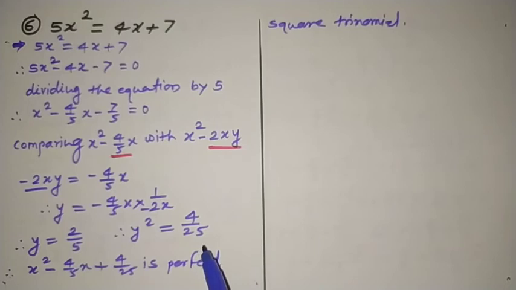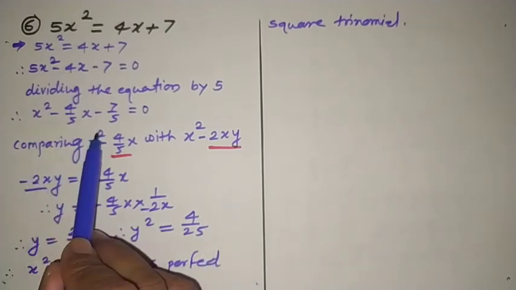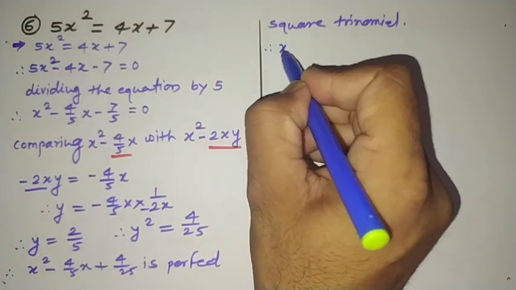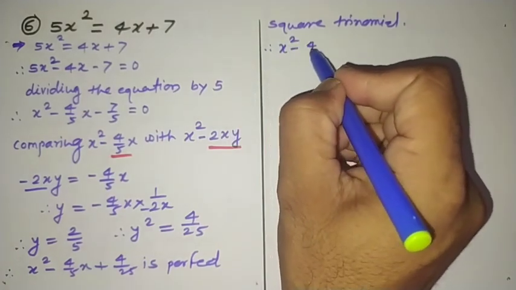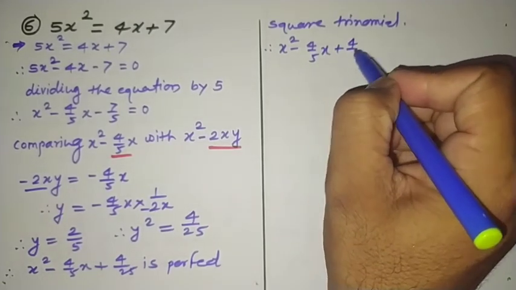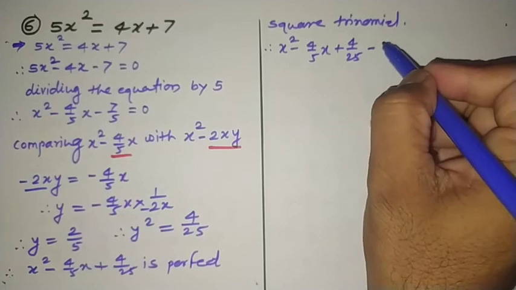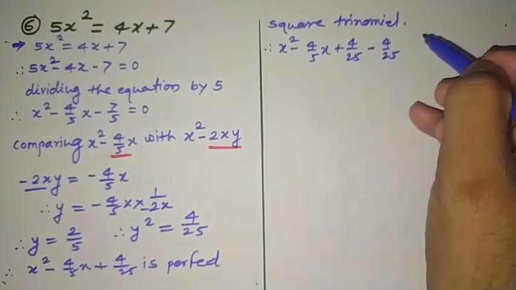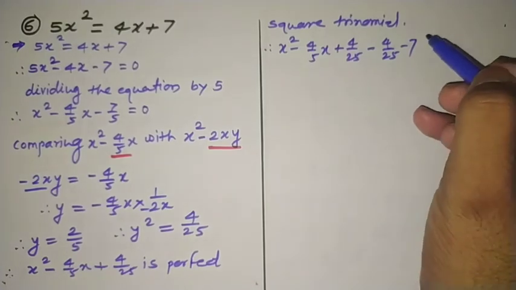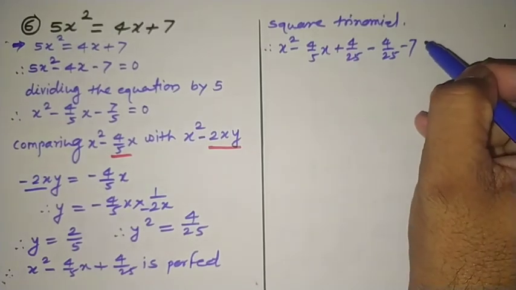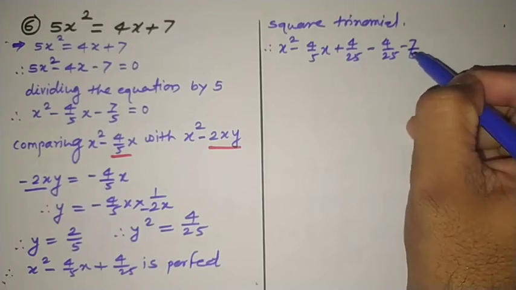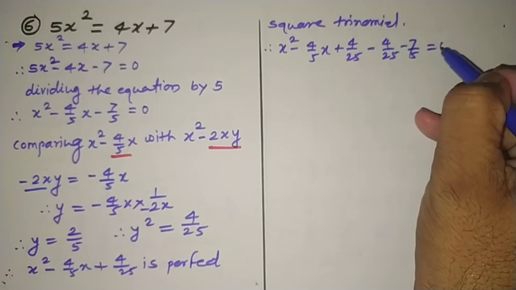Add 4 upon 25 on this side of the equation and subtract it as well. Therefore x square minus 4 upon 5x plus 4 upon 25 minus 4 upon 25 minus 7 upon 5 is equal to 0.